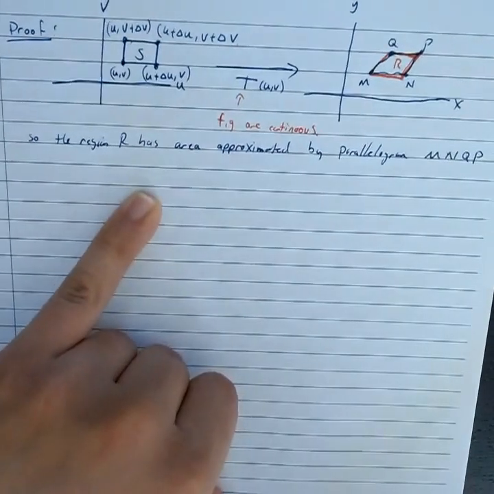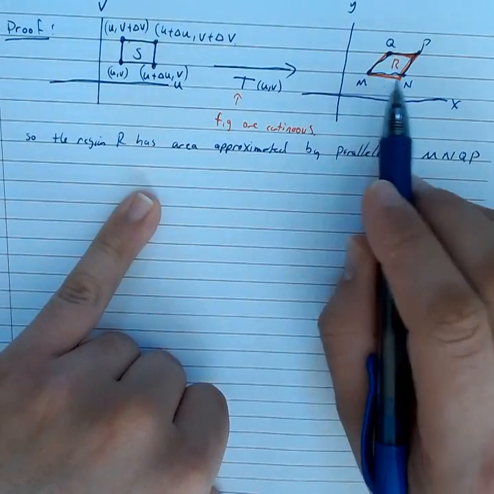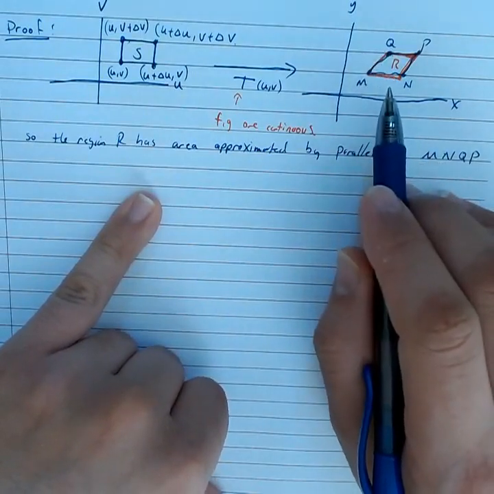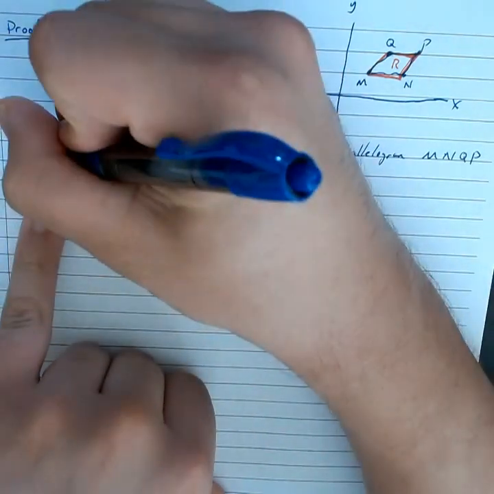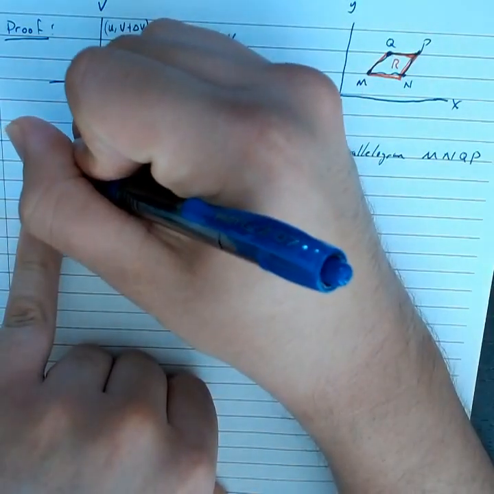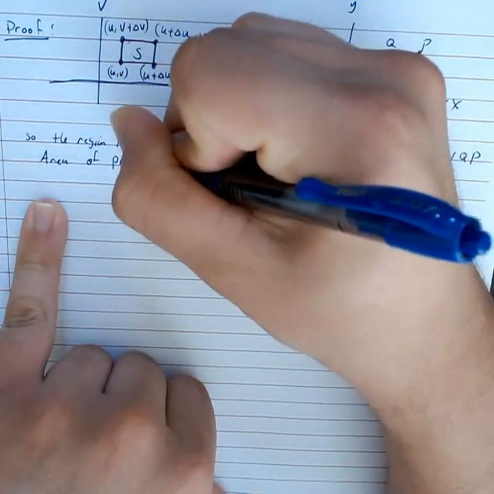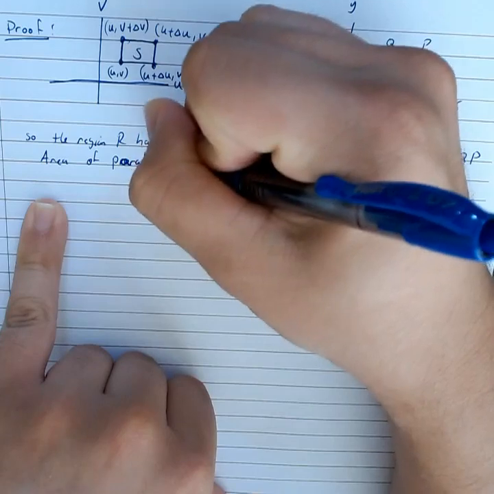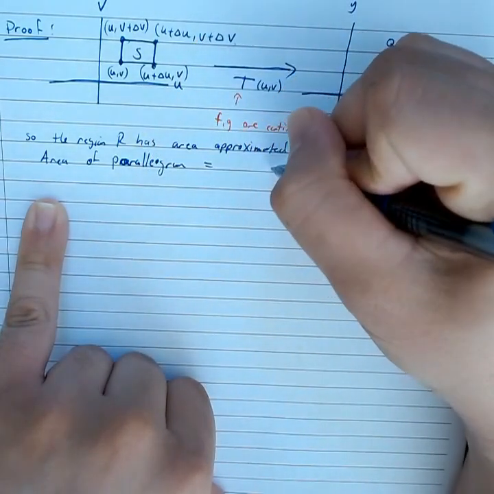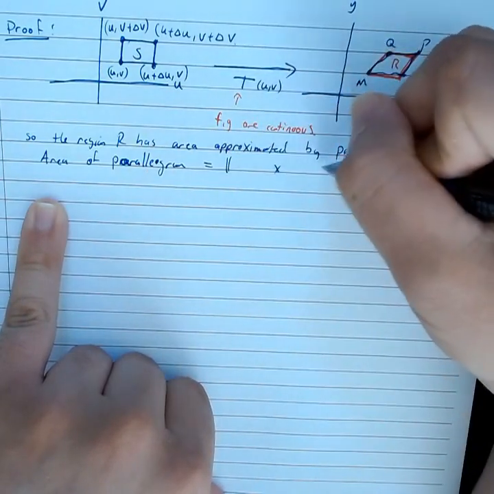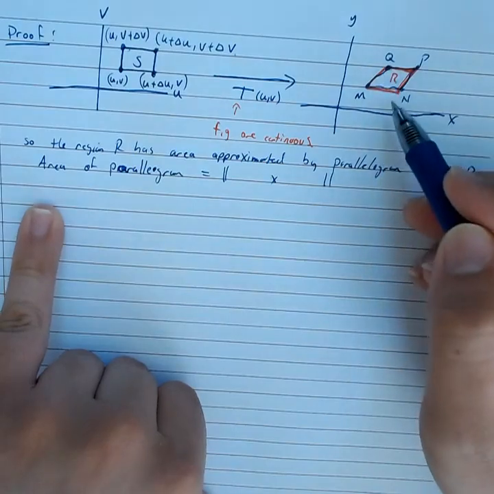We remember that if you're trying to find the area of a parallelogram, one way to do that is with the magnitude of the cross product. So the area of the parallelogram is given by the magnitude of the cross product of adjacent vectors.